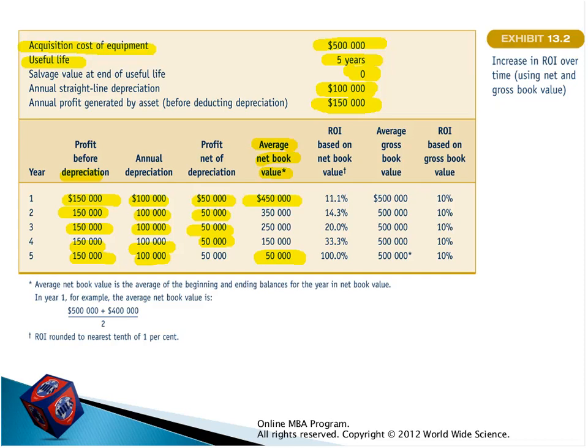Based on the return on investment, which would be based on the net book value and includes the depreciation charges, our return on investment for the first year will be 11.1%. Can you see the formula? As you remember from the previous slide, you have to take your profits and divide by the invested capital.